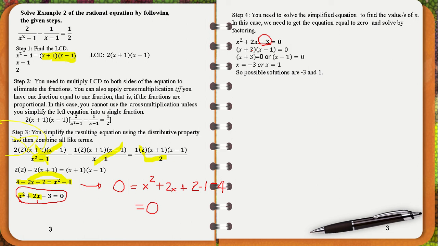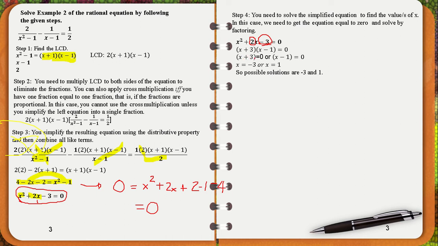Tapos kapag pinag-add po natin yan, 3 minus 1, ang makukuha natin ay yung coefficient ng middle term na positive 2. Itong dalawang factors po natin na to, i-equate natin into 0. So, x plus 3 is equal to 0 and x minus 1 is equal to 0.